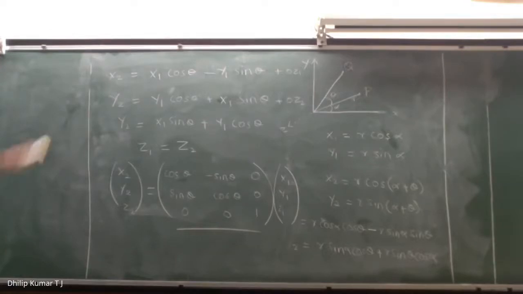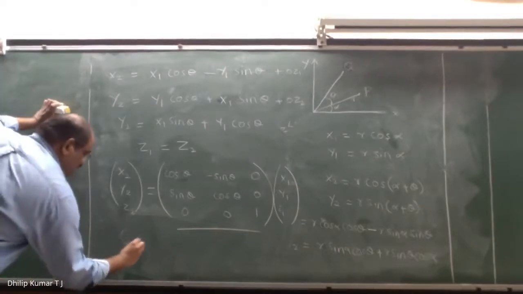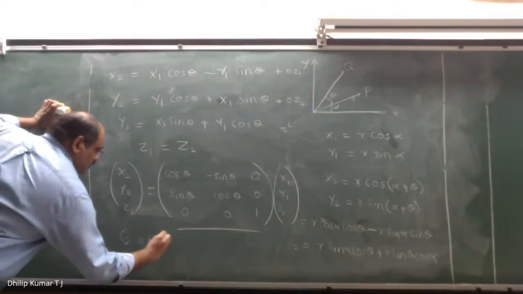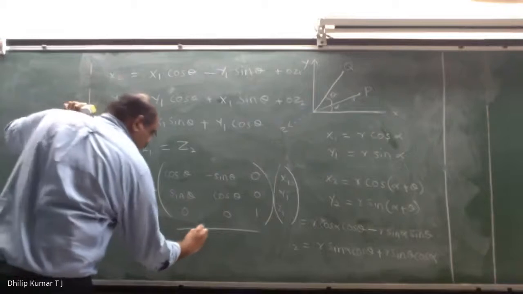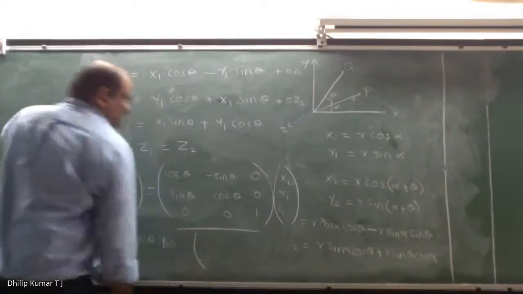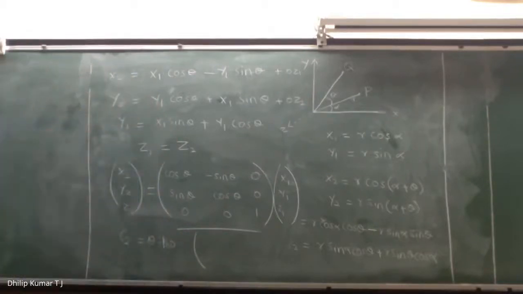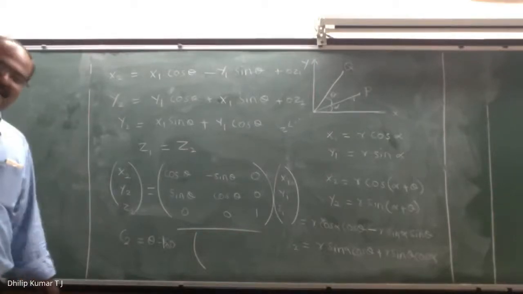For C2, theta is 180. So if you substitute, cos 180 is how much? Cos 0 is 1, and cos 180 is minus 1.